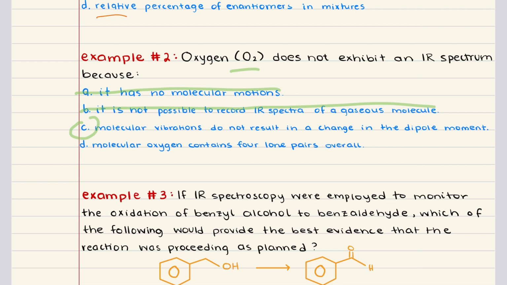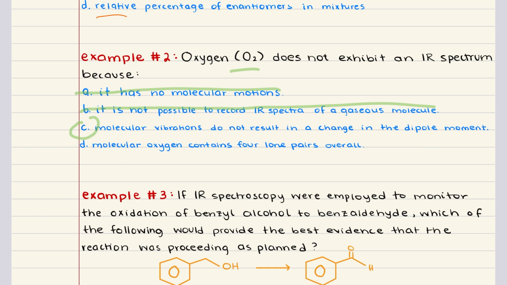Lastly, choice D talks about lone pairs. It says molecular oxygen contains 4 lone pairs overall. While it's true that each oxygen atom has lone pairs, this doesn't have anything to do with whether a molecule shows an IR spectrum. The presence of lone pairs isn't what determines IR activity.